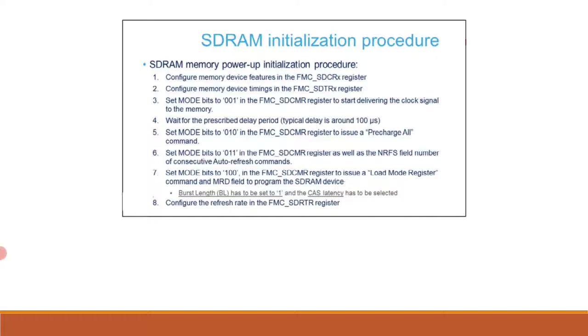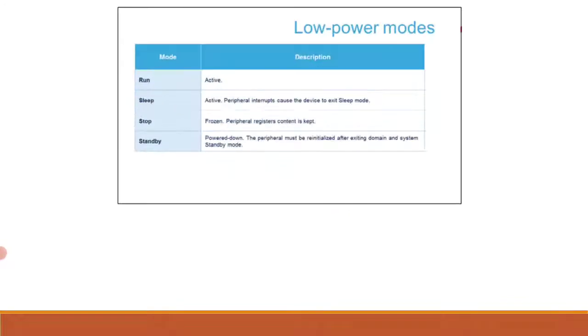Low power modes are quite common. In most of the cases it would be like run is sleep is active, and peripheral interrupts cause the device to exit sleep mode. The same for stop.